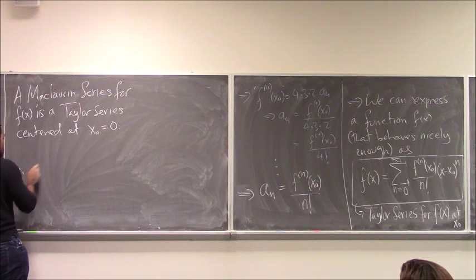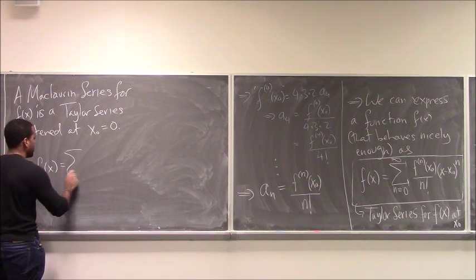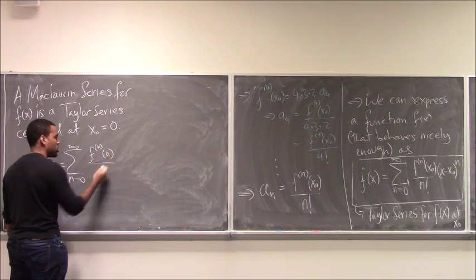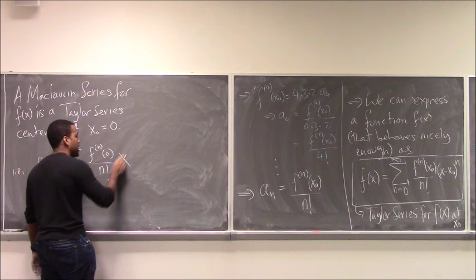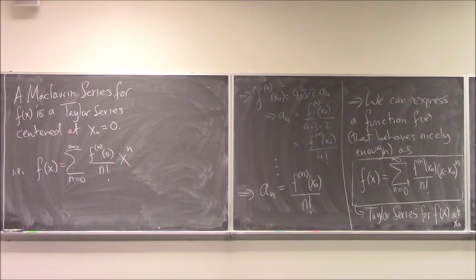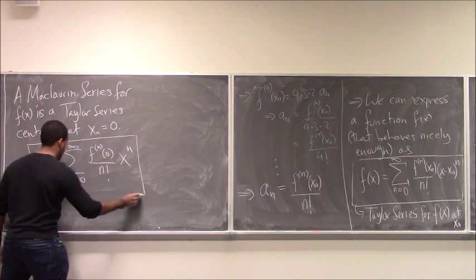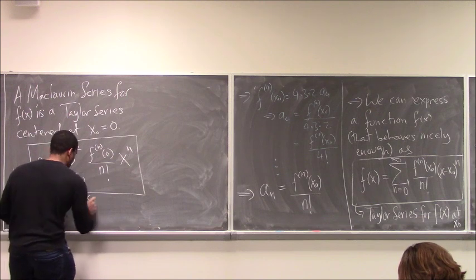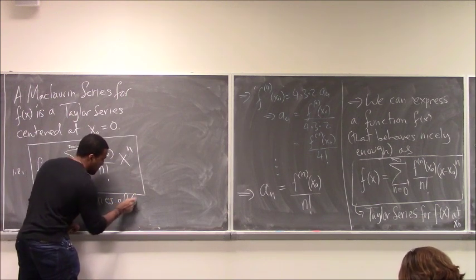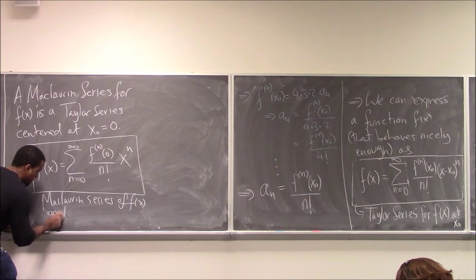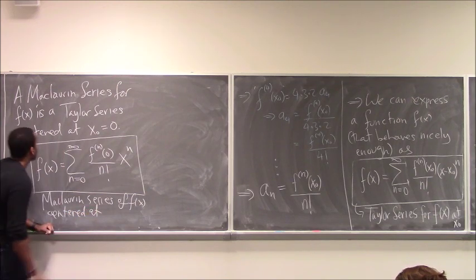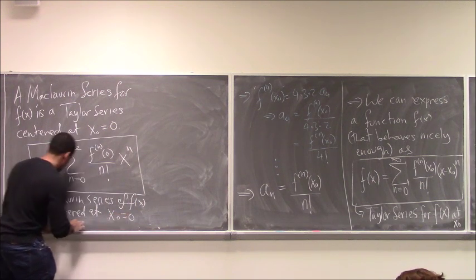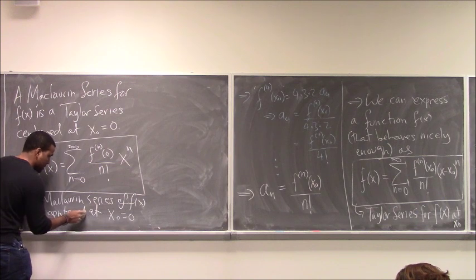So f of x, if you can express it as a series where you evaluate a bunch of derivatives at 0 specifically, times x to the n, this is called a Maclaurin series. And the center at x naught equals 0 is implied.